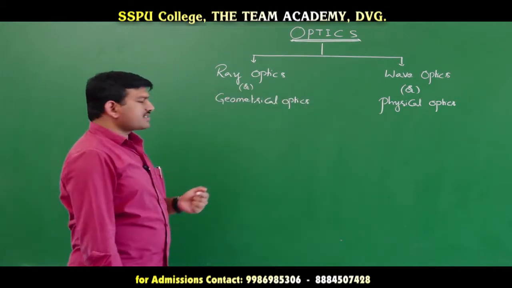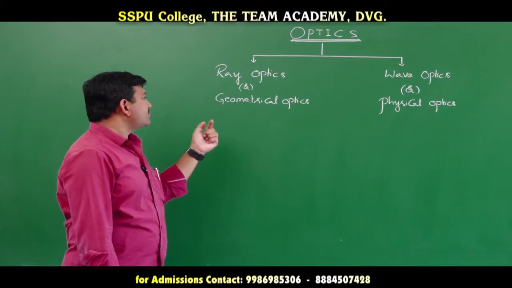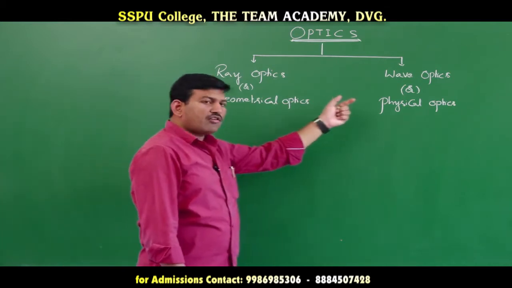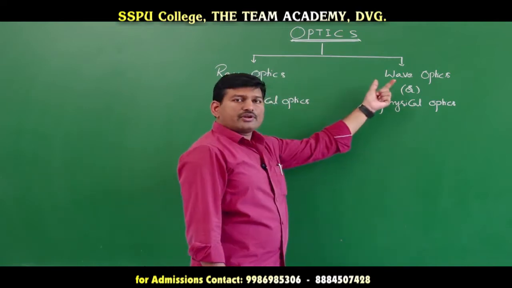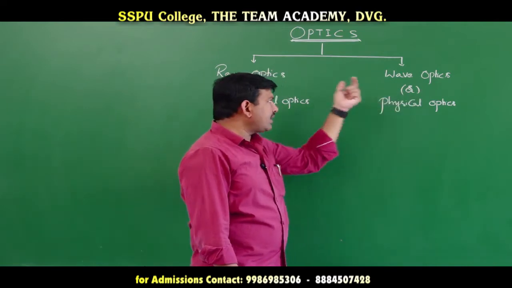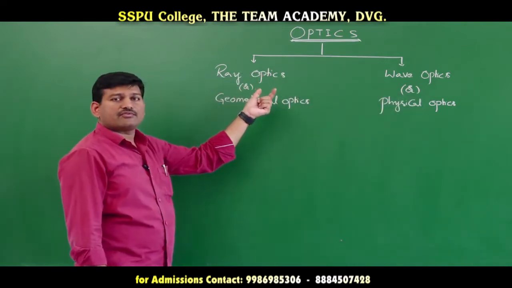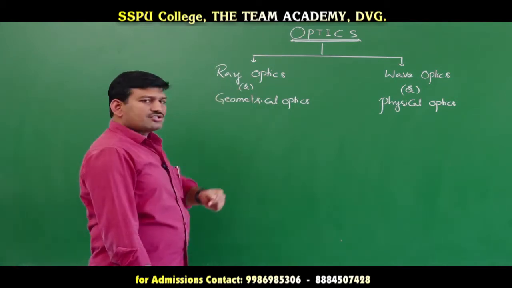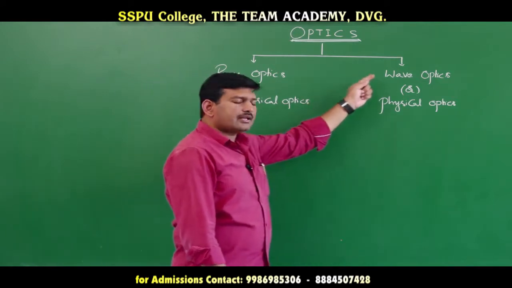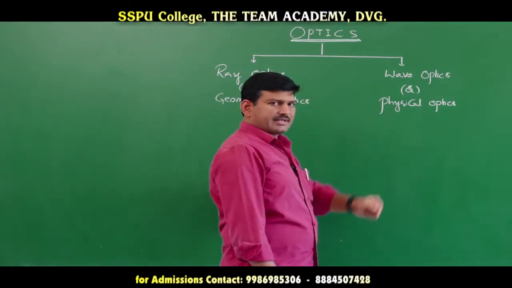In ray optics we are treating light as a straight line, whereas in wave optics we are treating light in the form of a wave. The other name for ray optics is geometrical optics, while the other name for wave optics is physical optics.